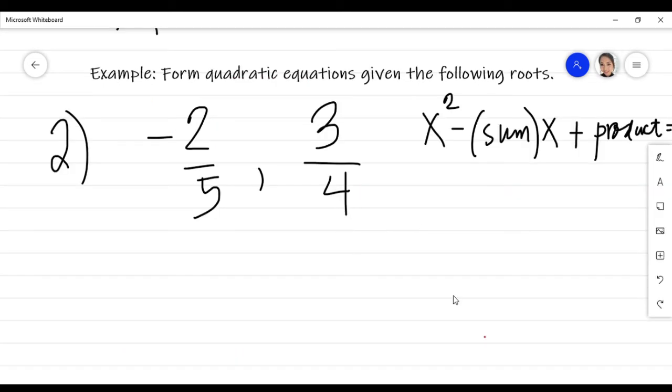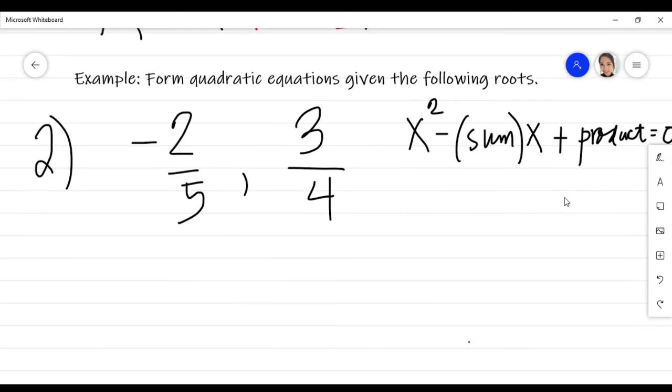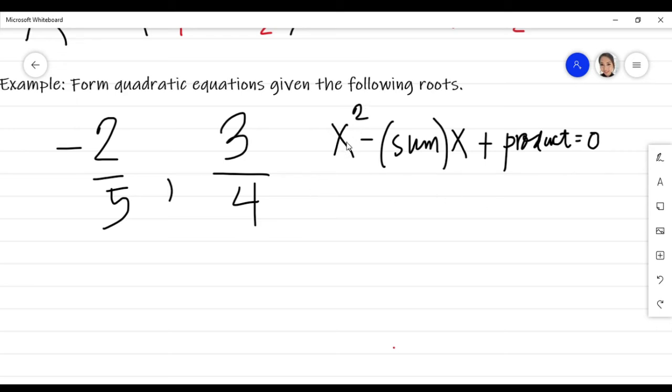For the second example, form a quadratic equation given the roots -2/5 and 3/4. Remember that if the roots are given, we can form the quadratic equation by this relationship: x squared minus the sum of the roots, so we add the first root and the second root, and then plus the product, so we multiply our roots.